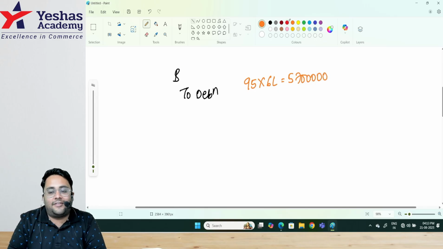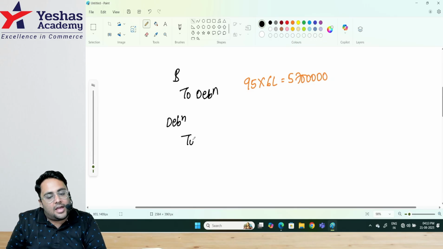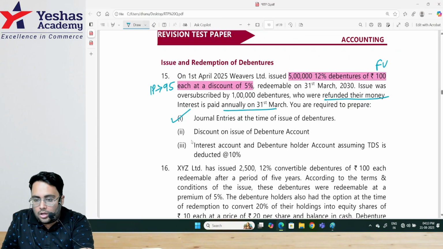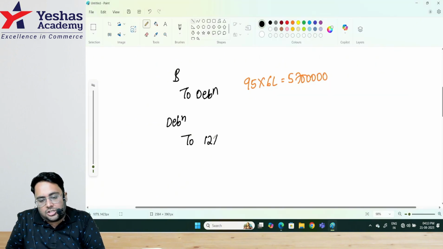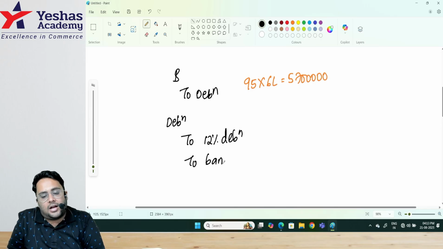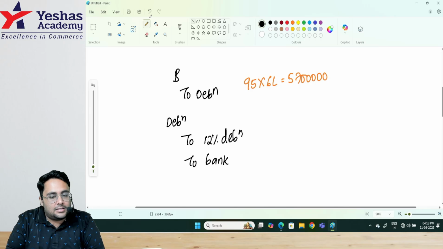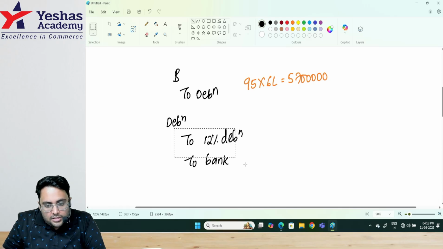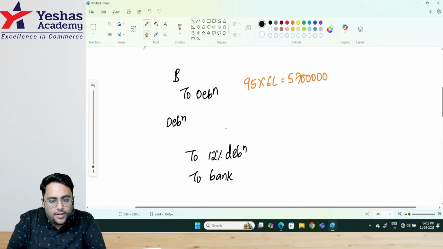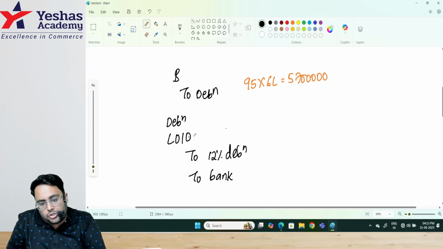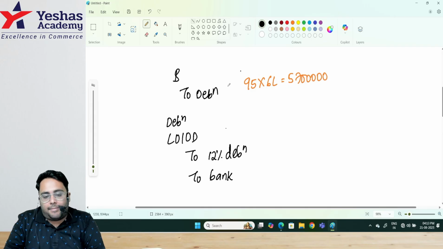So 5 crore 70 lakh. Now this debenture application and allotment will be transferred where? To 12% debentures account, and you will also have bank account. Is there anything else? Along with this, you will also have loss on issue of debenture debit.